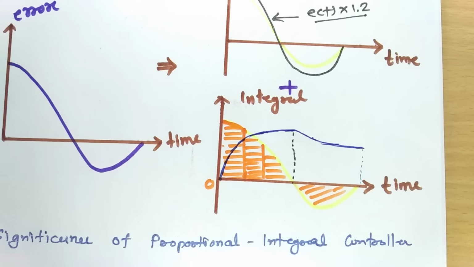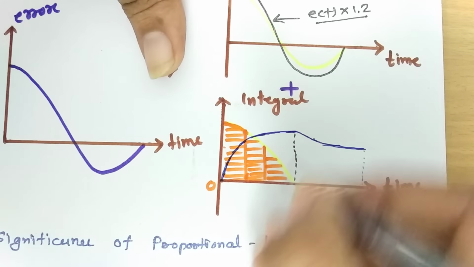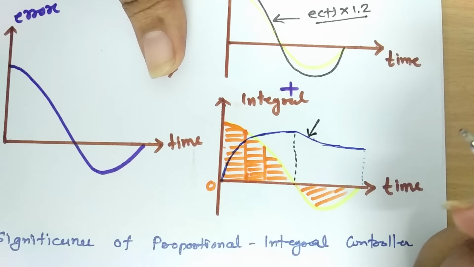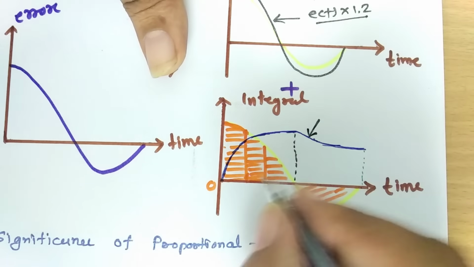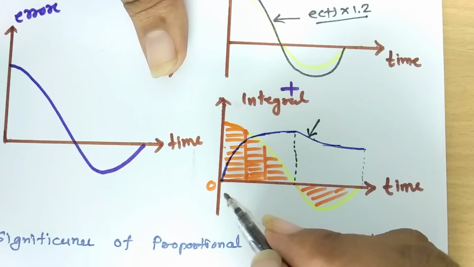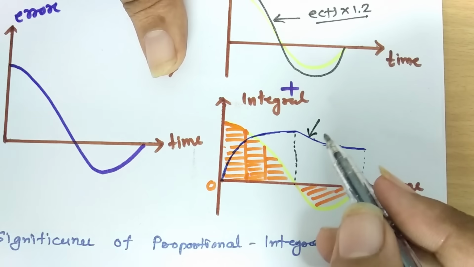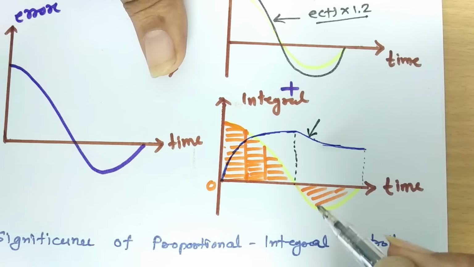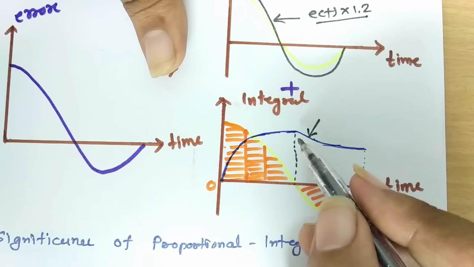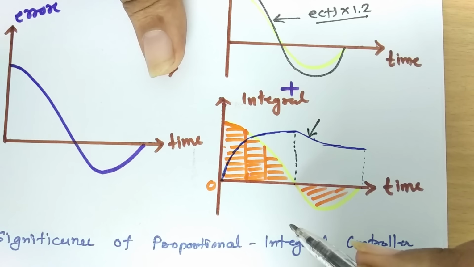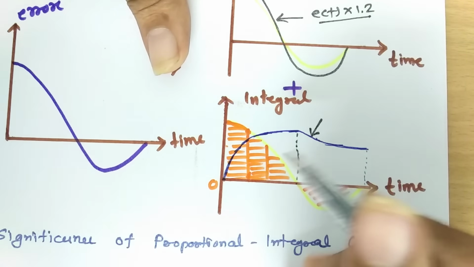So see, this is how output of integral controller is getting changed, where if error is positive, it will increase positively, and if error is negative, it will decrease from the value which is existing.